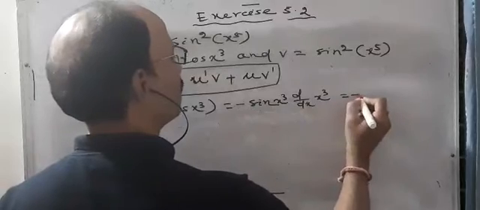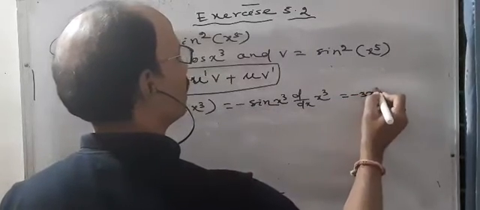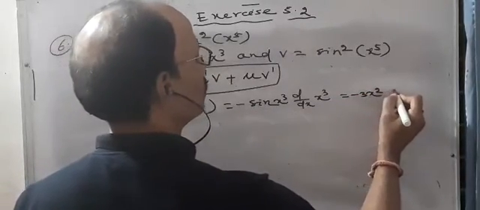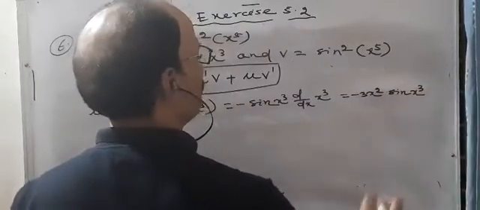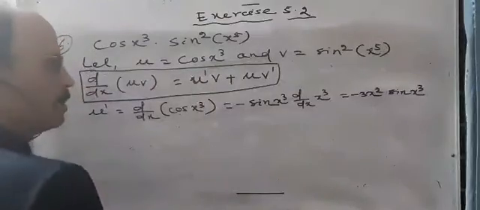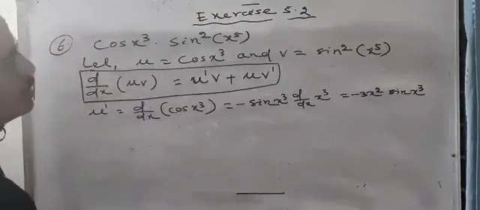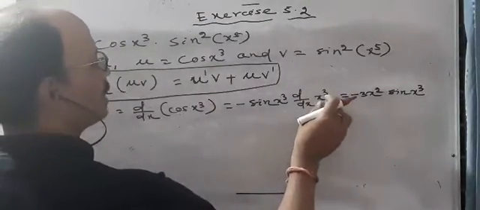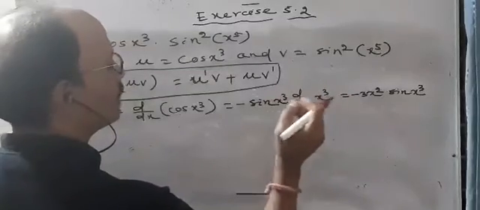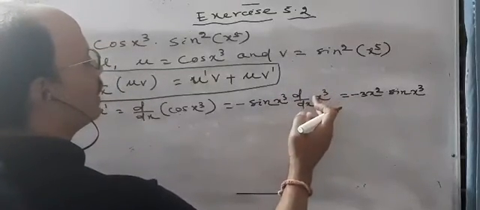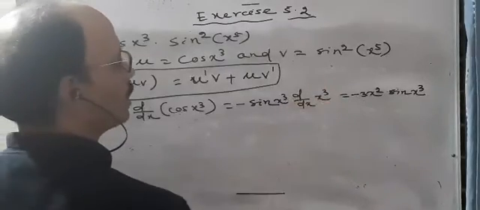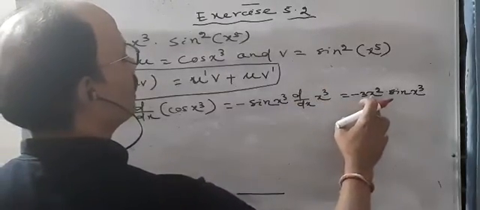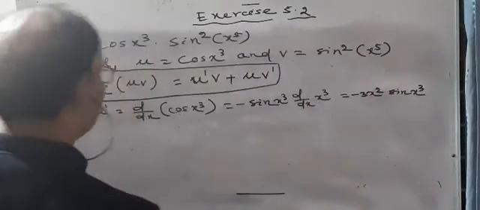So now we can write here 3x to the power 2 sine x cube. At this level you may be expert at differentiating such polynomial functions: the power is multiplied alongside and 1 is subtracted from the power. So 3 multiply x square.